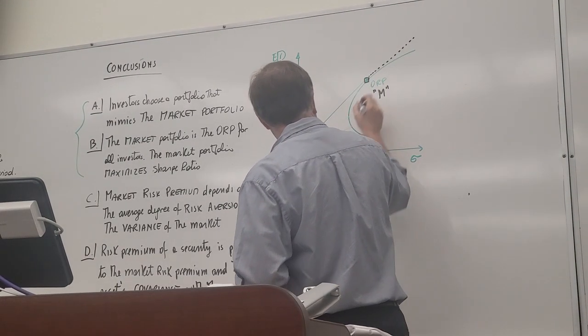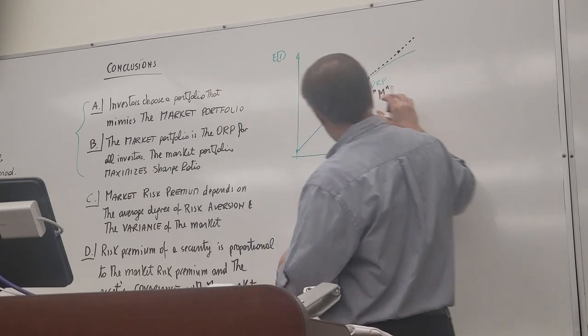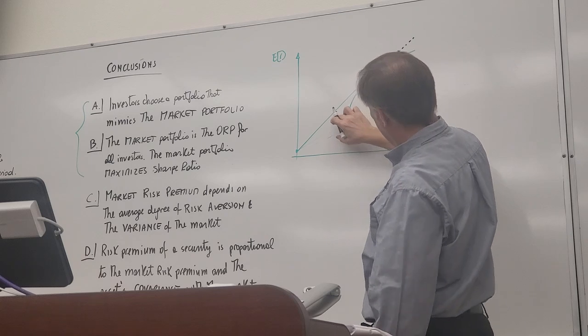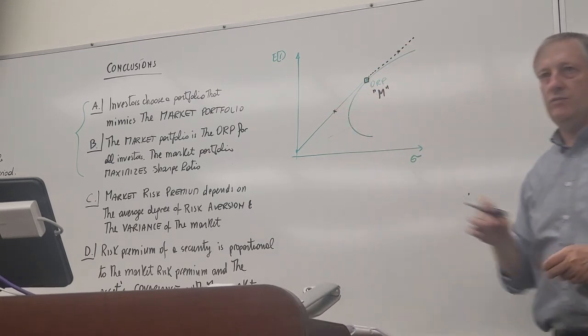The specific asset allocation for somebody who's risk averse is mostly T-bills and some of this M. And for somebody who is more risk tolerant would be mostly M and just a little bit of T-bills.